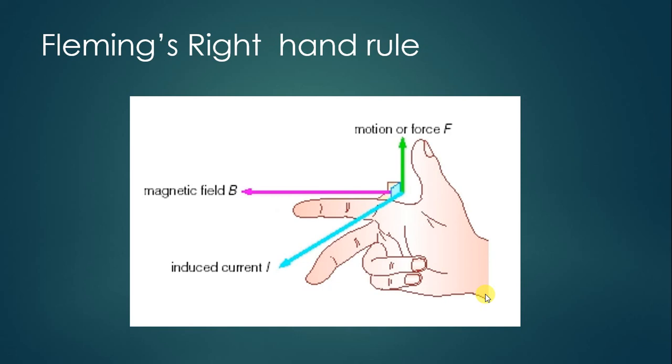Whenever the middle finger, index finger and thumb of your right hand are kept open at right angles to each other, the magnetic field is given by the index finger, the induced current is given by the middle finger, and the thumb tells you the motion of the conductor.